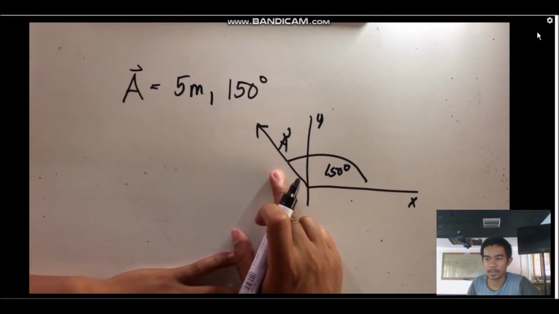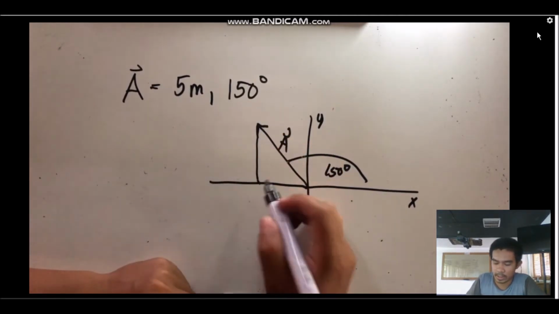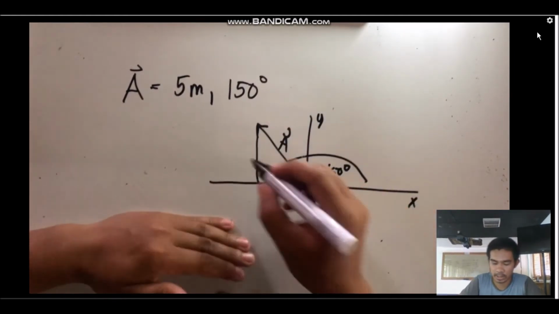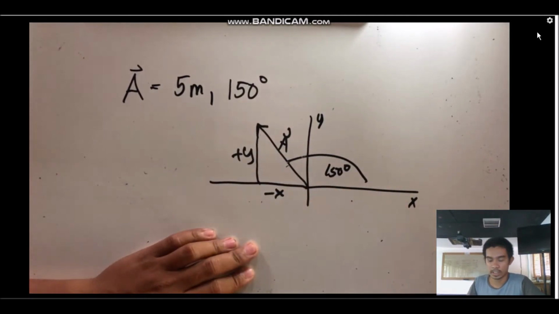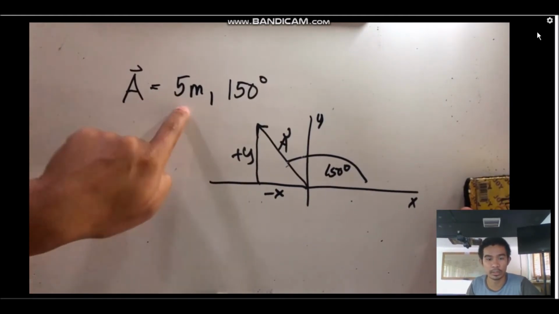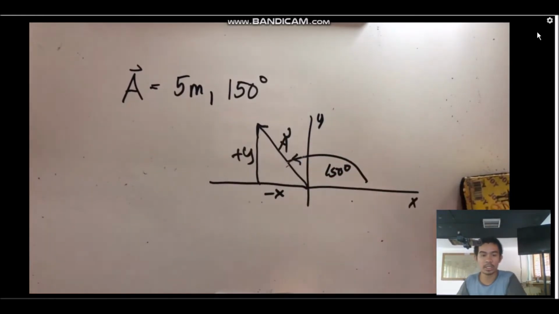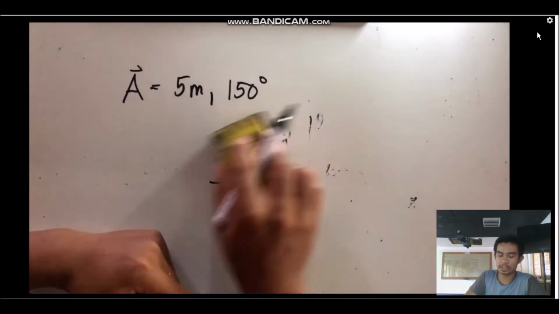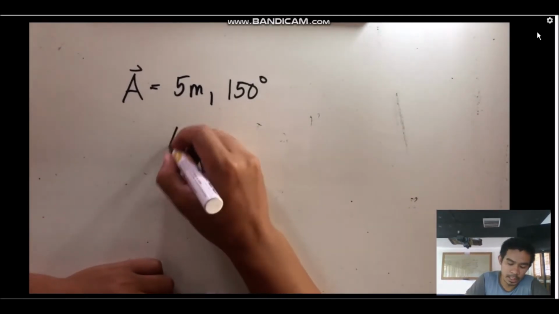So it is expected that the x component is negative, and the y component, since it's above the x-axis, is positive. Since this vector is expressed in magnitude and direction from the positive x-axis in the counterclockwise direction, we will express it in terms of x and y components, since this is a two-dimensional vector.